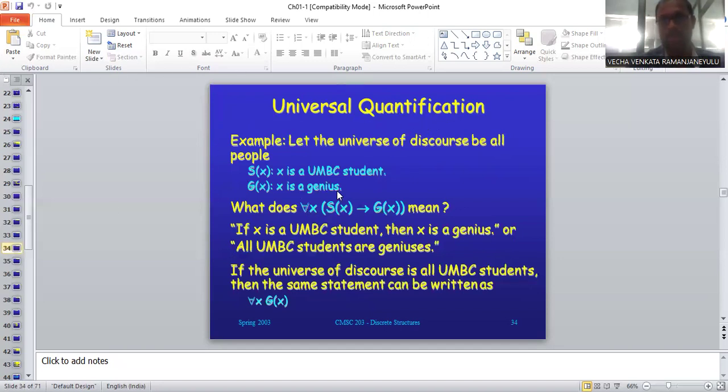For all X, S of X implies G of X. It means the universe of discourse is all people, X is the UMBC student, X is the genius. If X is a UMBC student, then X is a genius. Or, with the for all symbol, all UMBC students are geniuses.